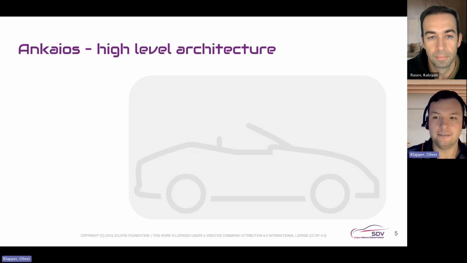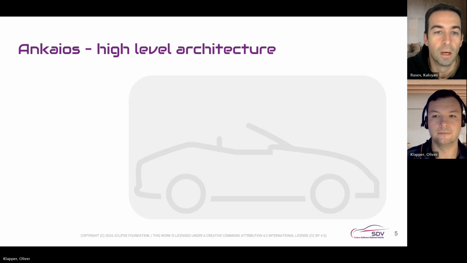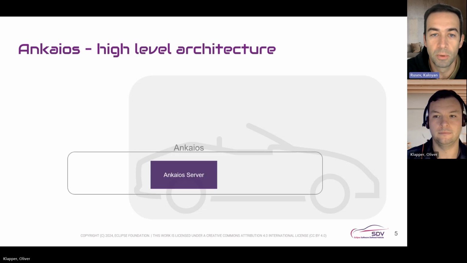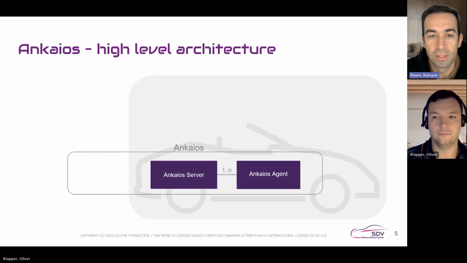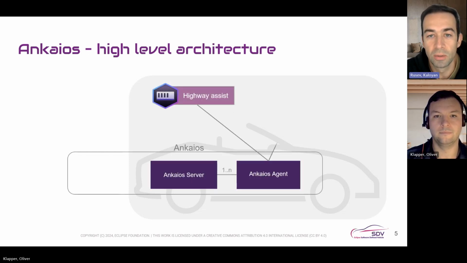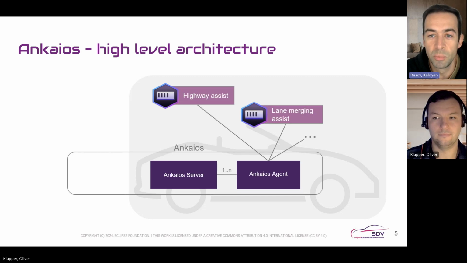Kalayan, how does Ankaios manage applications in the vehicle? An in-vehicle Ankaios cluster is composed of one server and multiple agents. Ankaios can run applications as workloads that are executed on a certain compute node where an Ankaios agent is running.